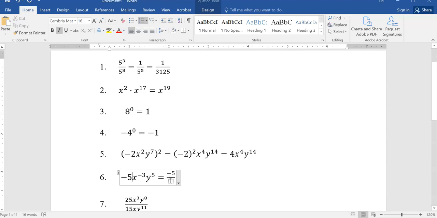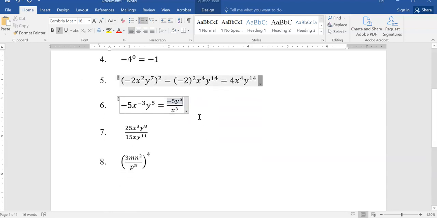X to the negative 3rd, well, that negative exponent we can change to a positive exponent by putting an x to the 3rd in the denominator. And then y to the 5th is going to be placed in the numerator. All right, we did one of those as well.